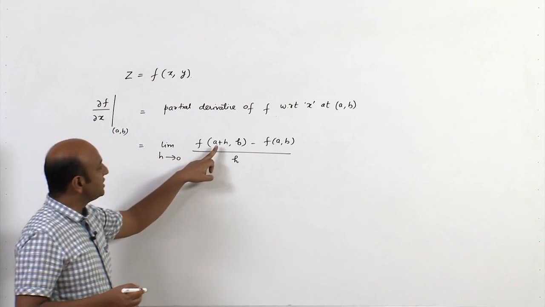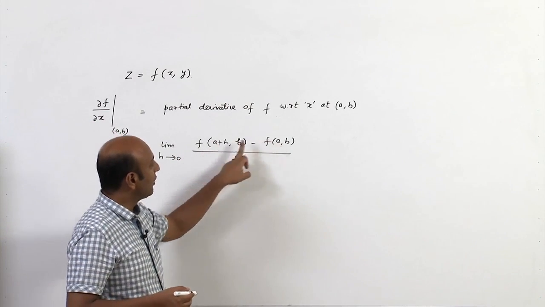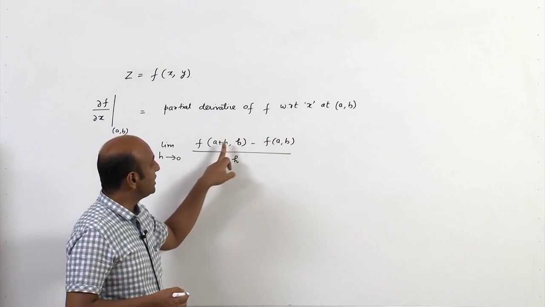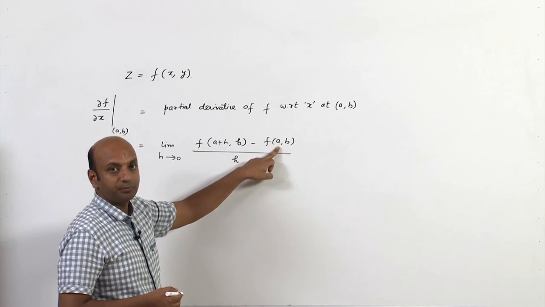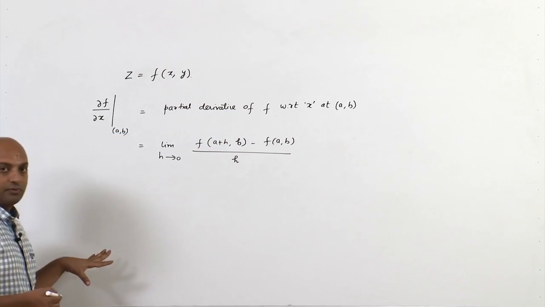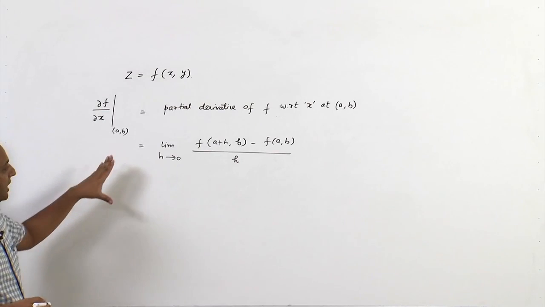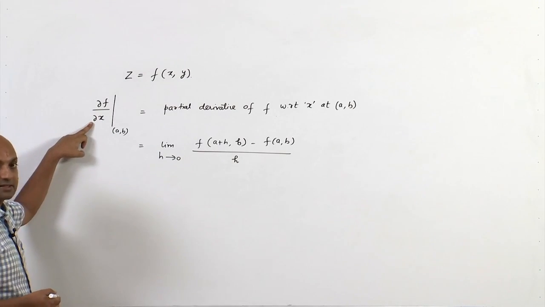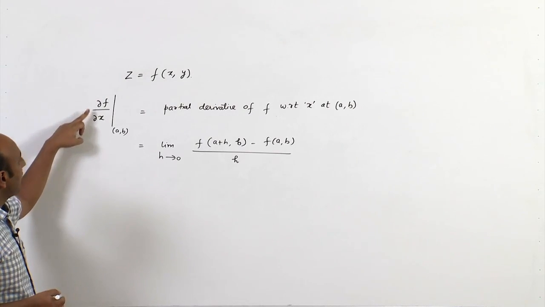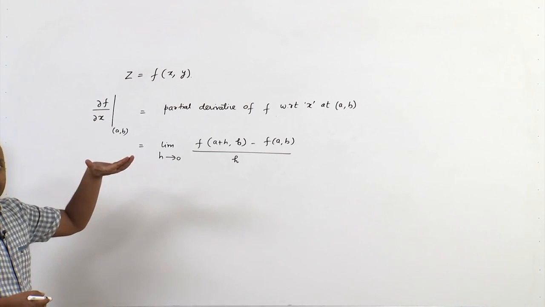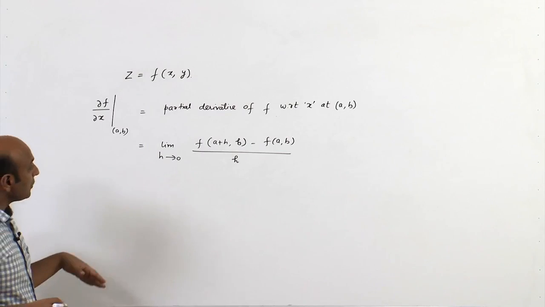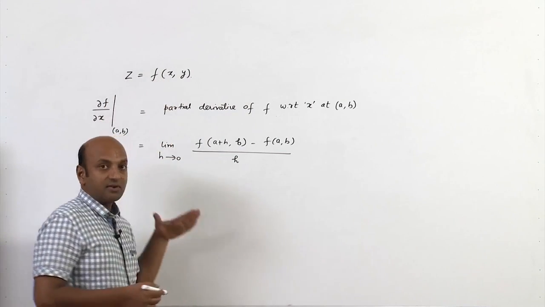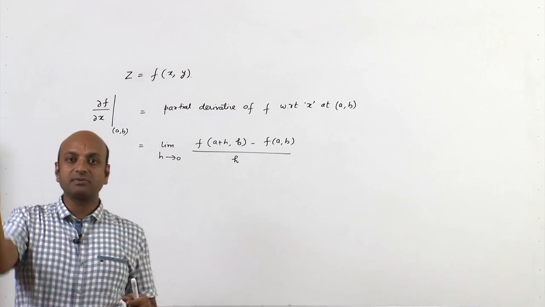So, simply we are changing only the x component, y will remain the same. That means we are fixing y and changing only with respect to x. Now, what does it give? It simply gives the rate of change of f along the x axis, or along the i cap direction. Or we can define it like this: z equal to f(x, y) is some surface.